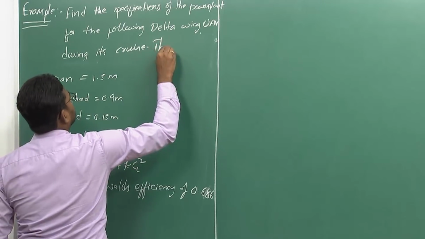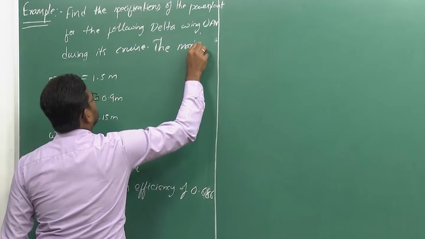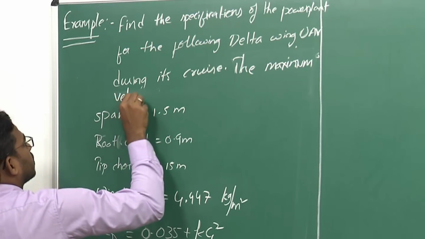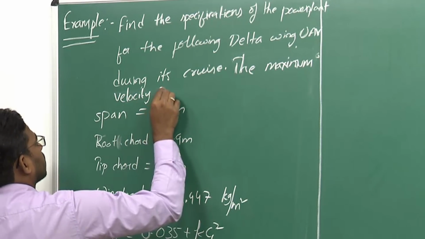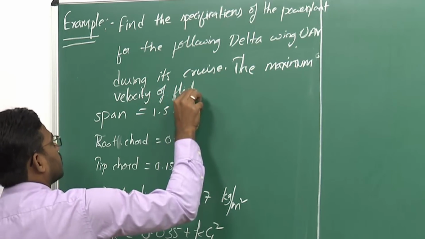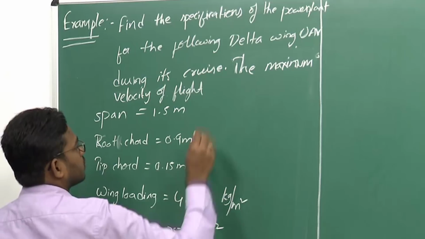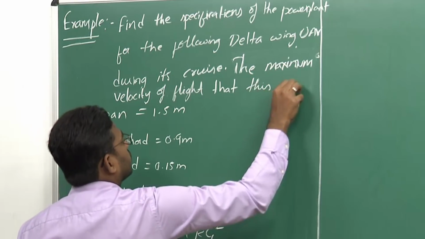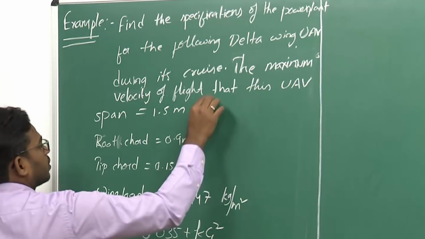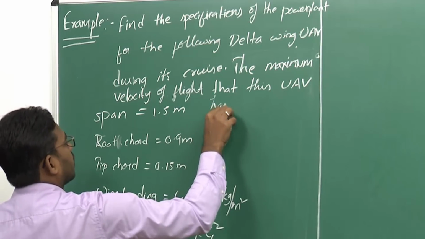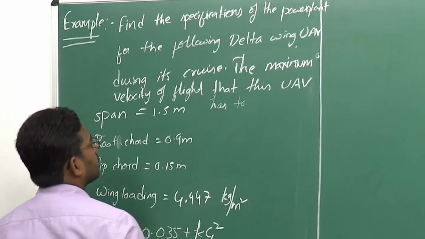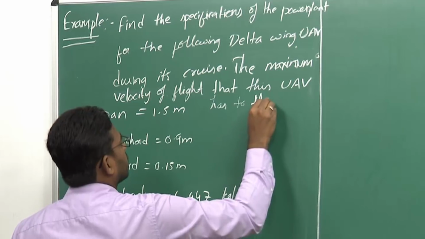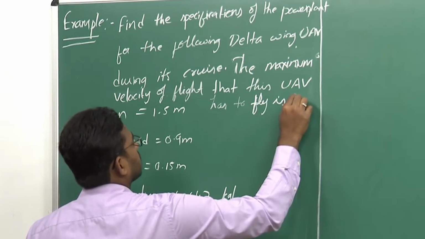So, the maximum velocity at which this UAV has to fly is 35 meters per second.